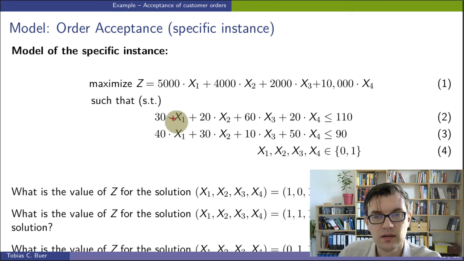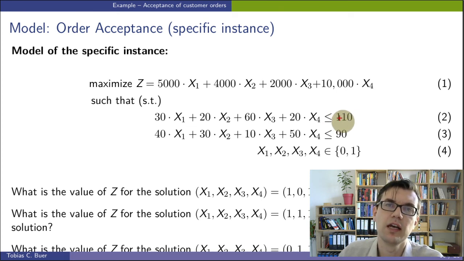If we replace the values, then we need 30 hours plus 20 hours is 50 hours, plus 60 hours is 110 hours, plus 20 hours is 130 hours. So this solution requires 130 hours on machine number 1, but we only have 110 hours available.